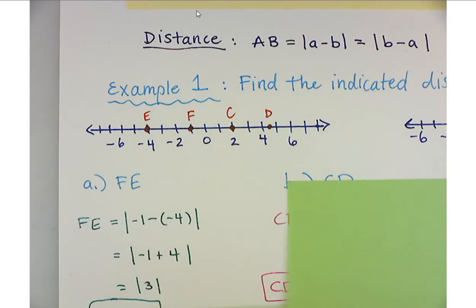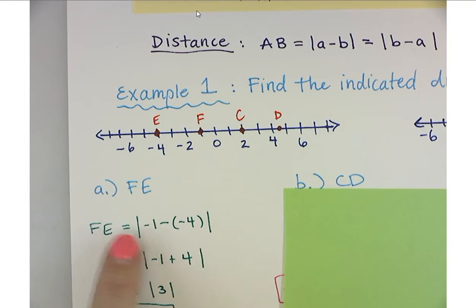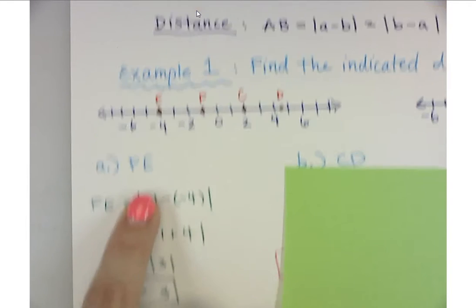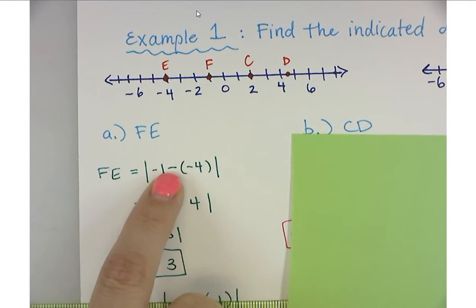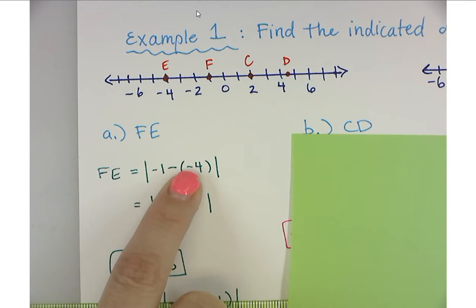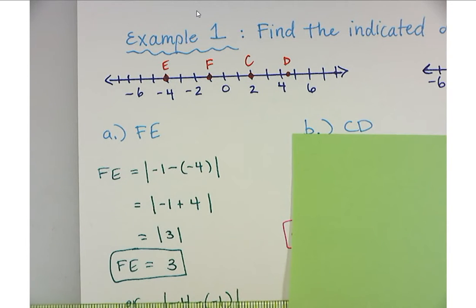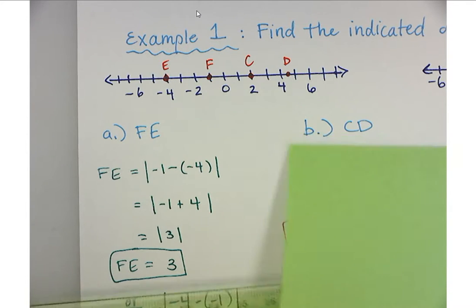Okay, so the first way, I could just take -1 because that's where F is, and then minus -4 because -4 is where E is. Remember, when you're subtracting a negative, it's like you're doing what? Adding a positive. Okay, so -1 plus 4 is going to be 3. The absolute value of 3 is 3. Now I'm going to show you that it doesn't matter the order that you do that in.